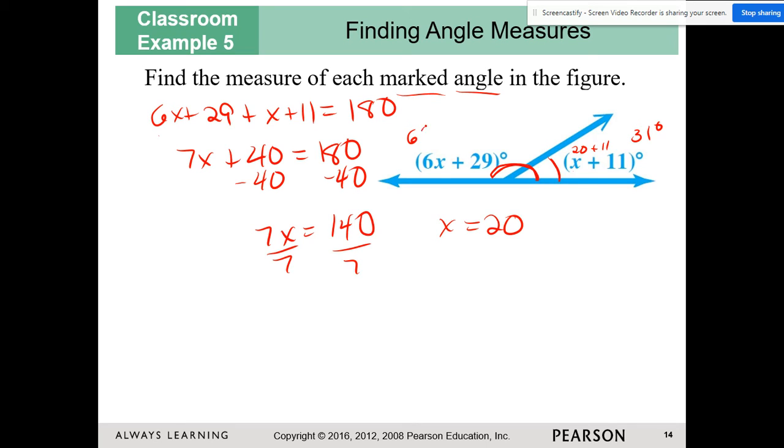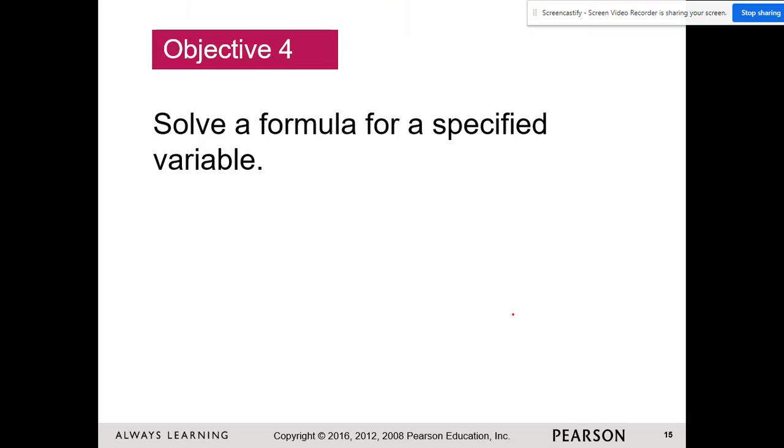And this is 6 times x plus 29. And man, my brain is not working this morning. So 120, so 149. There you go. So the two angles would be 149 degrees and 31 degrees. Make sure you answer the question that's asked.